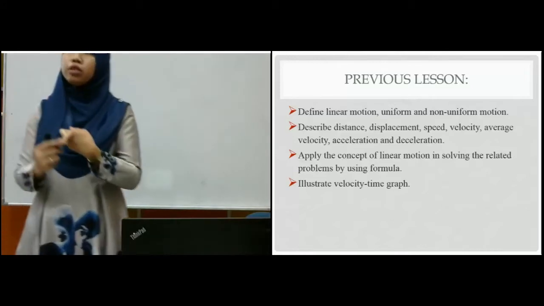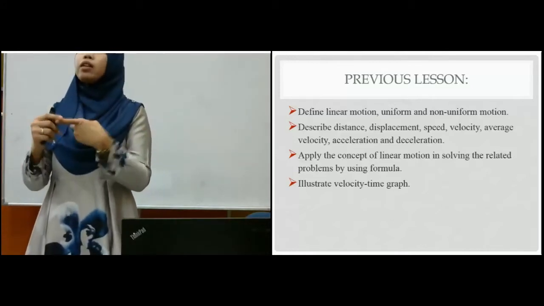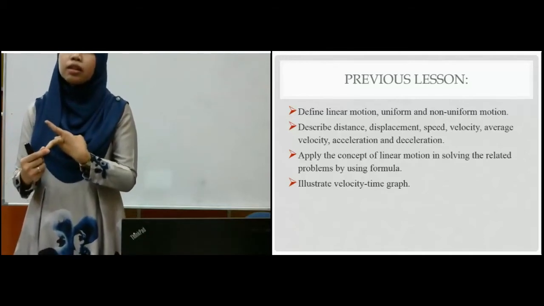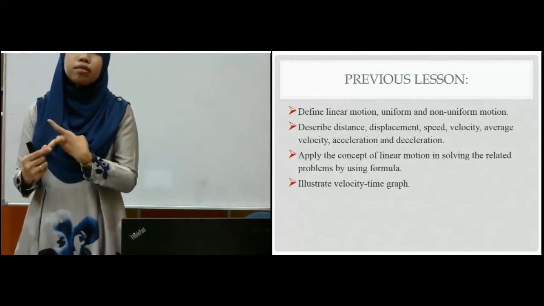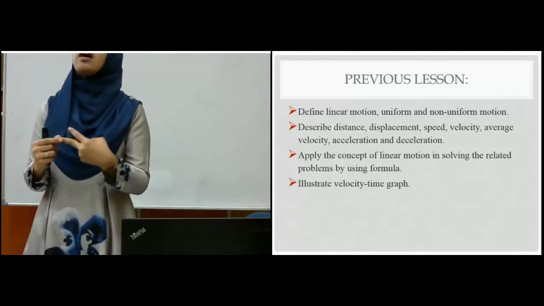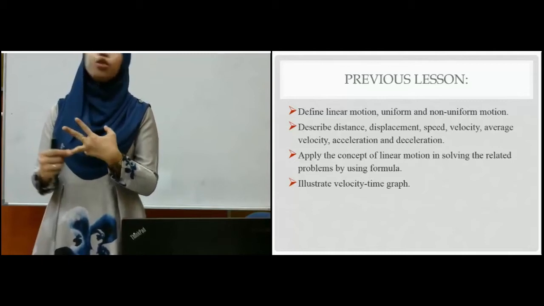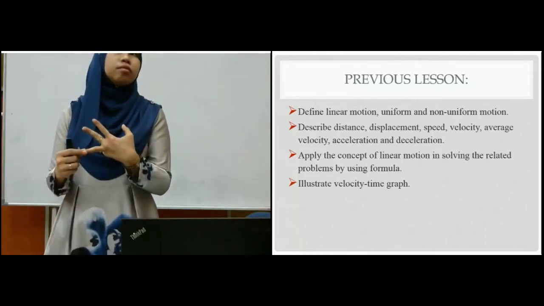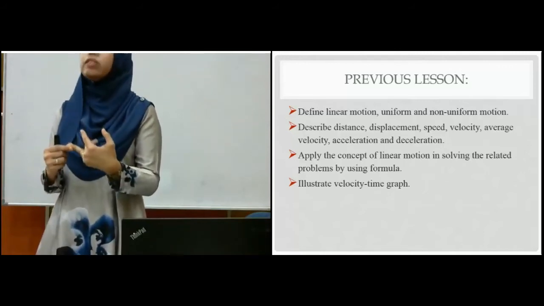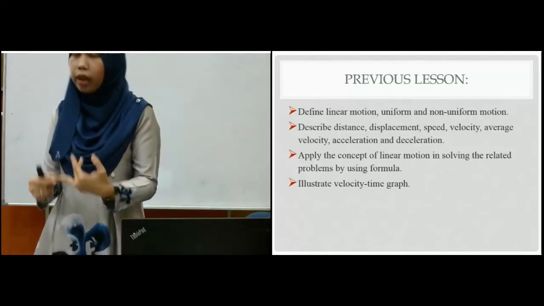You can find the velocity by looking at the graph, and then you can find the displacement by calculating the area under the graph, and you also can find the acceleration by finding the gradient of the graph.